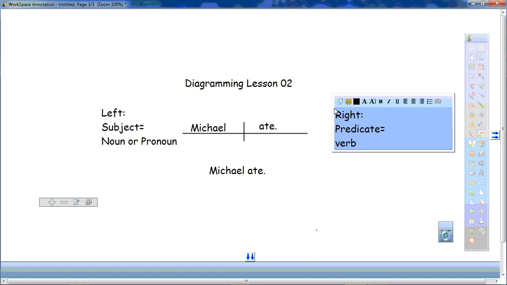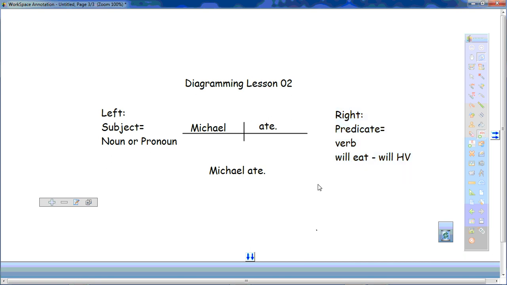And it's going to be simply one or two words. If it's going to be a helping verb, we can have words like will eat, where will is the helping verb. The word will and all the words and forms of the verb to be will be included in that. More about that later too. Don't want to confuse you too much now.